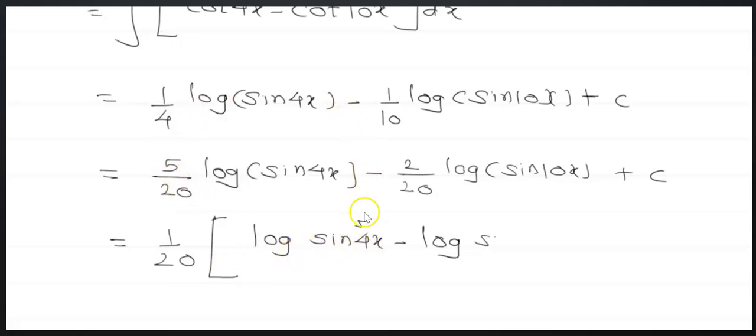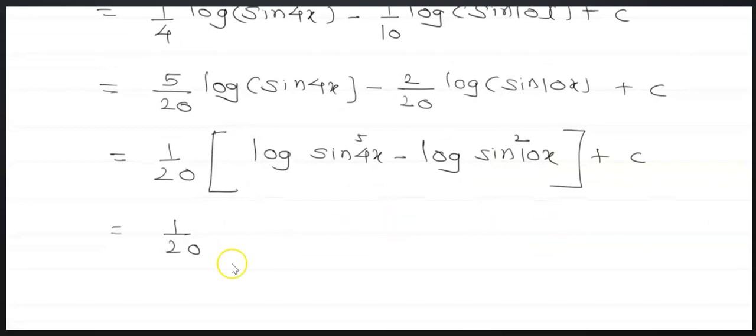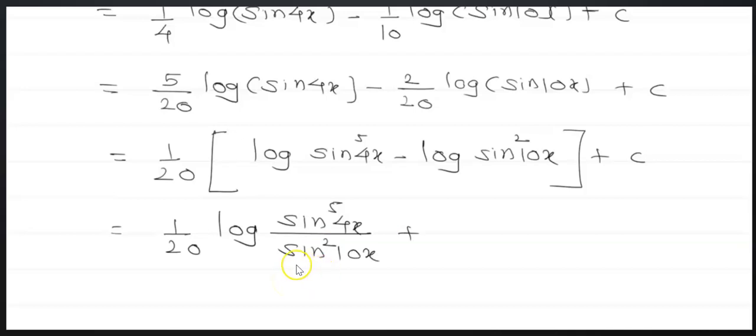It will become log of sin of 4x raised to 5 minus log of sin of 10x raised to 2 plus c. And one more simplification, that is 1 upon 20 log of sin of 4x raised to 5 upon sin square 10x plus c, and this is the answer.